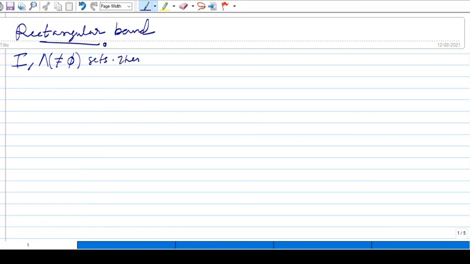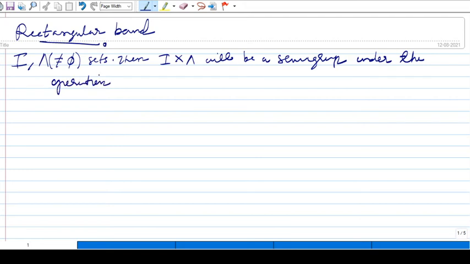Then I × Λ, the basic Cartesian product of two sets, will be a semigroup under the operation (i, λ) × (j, μ) = (i, μ).